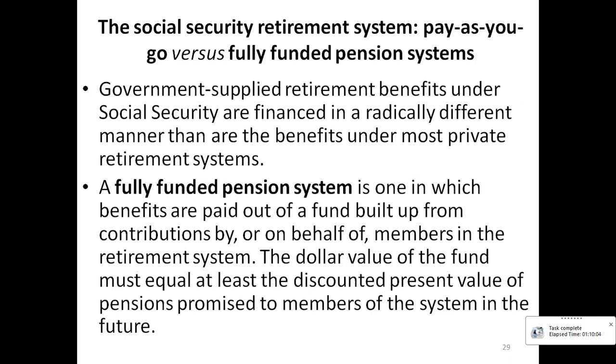The Social Security retirement system: pay as you go versus fully funded pension system. The government-supplied retirement benefits under Social Security are financed in a radically different manner than are the benefits under most private retirement systems.